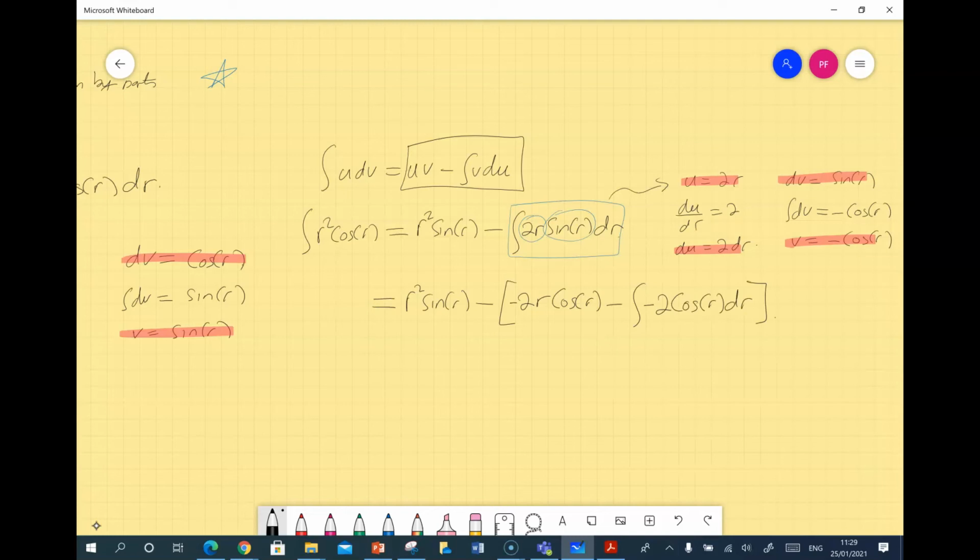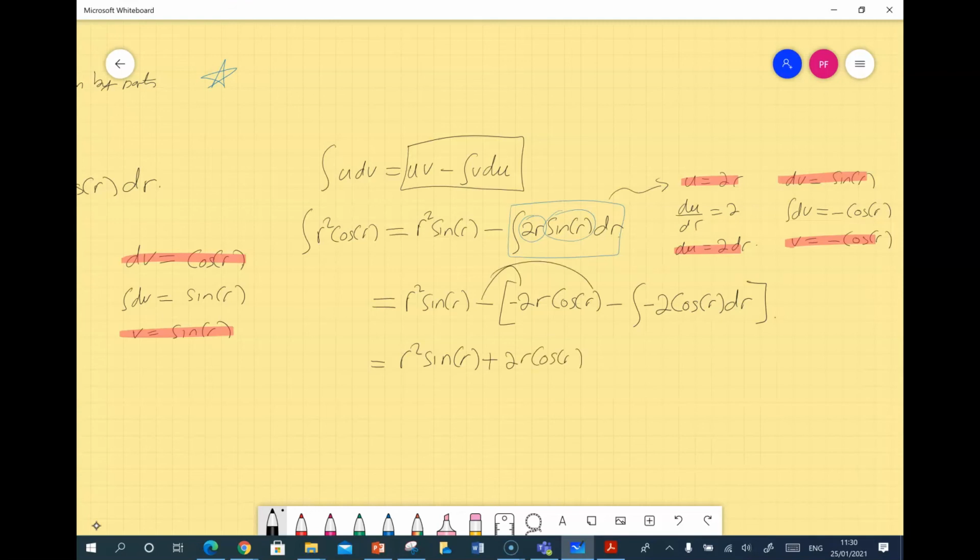Okay, so I'll redo this a little bit. I've got r squared sine of r. Sorry, my pen is trying to catch up with me. Now I'll do my minus, which is a plus, 2r cos of r.